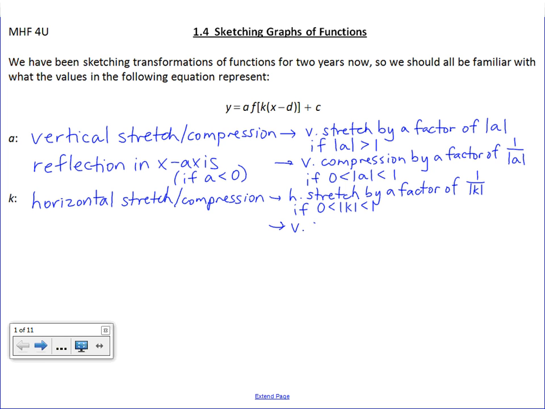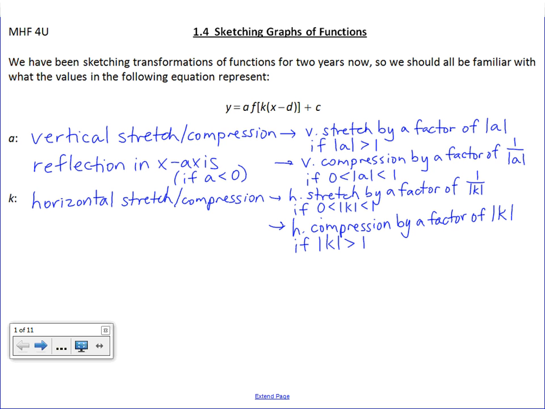And it's a horizontal compression by a factor of K if K is greater than 1. So it's the opposite.